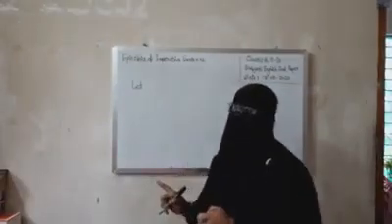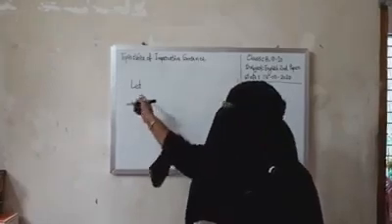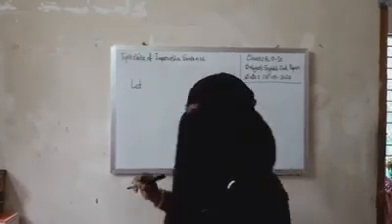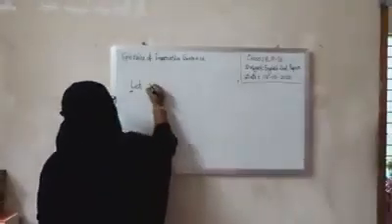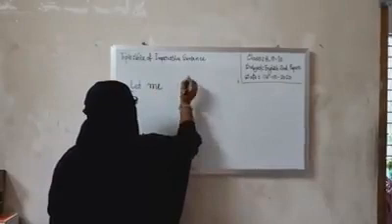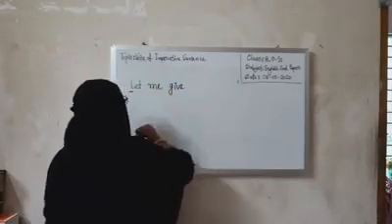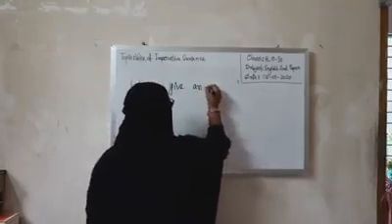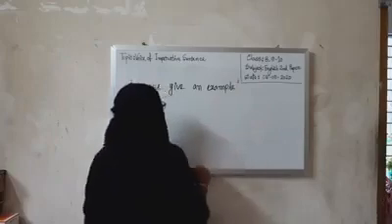Not only the basic form of an imperative sentence is started with let. Sometimes we find that an active voice of imperative sentence can also be started with let. Let me give an example.